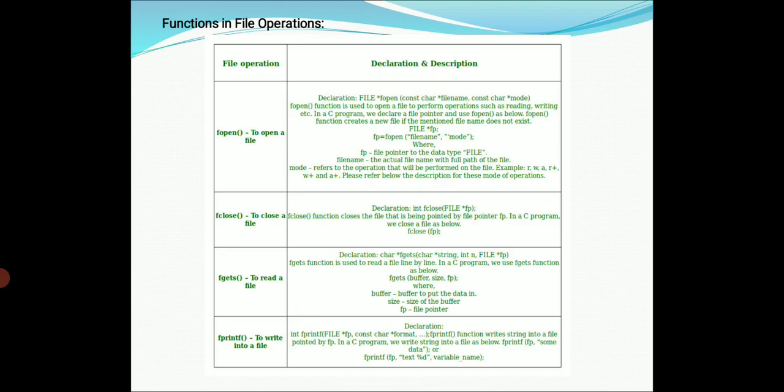Here is also the declaration and description of this function. The third file operation is fgets. This function is used to read from a file. The last function is fprintf. This function is used for writing into a file. So these are the declarations and descriptions of the file operations by using these specific functions.